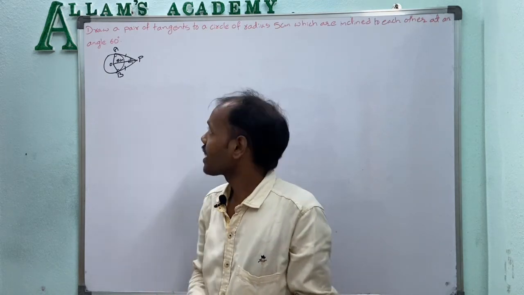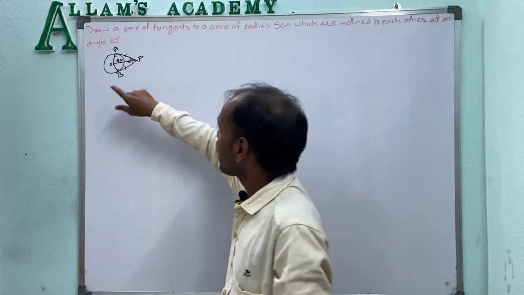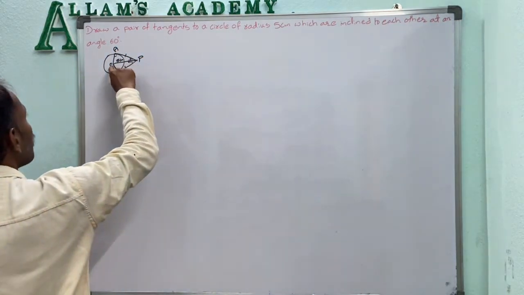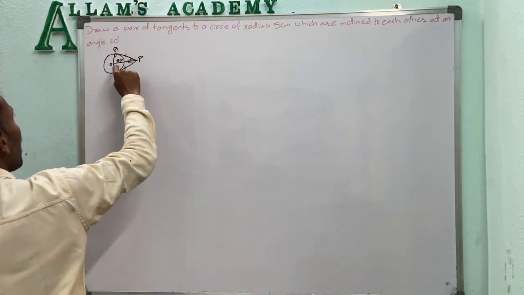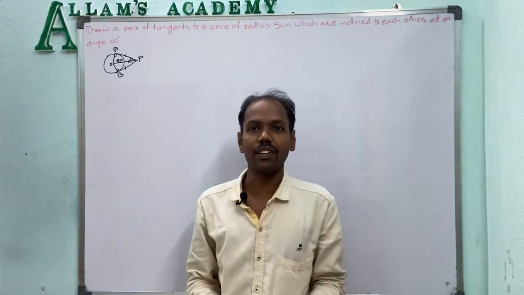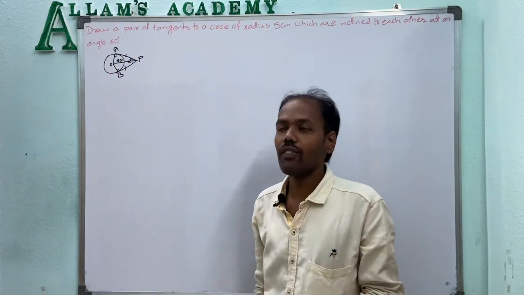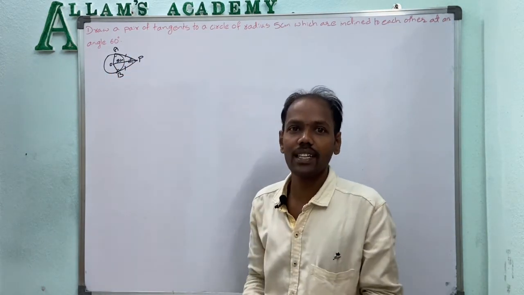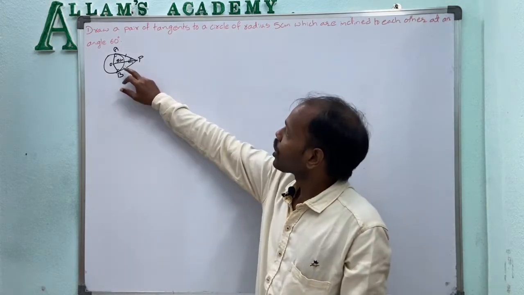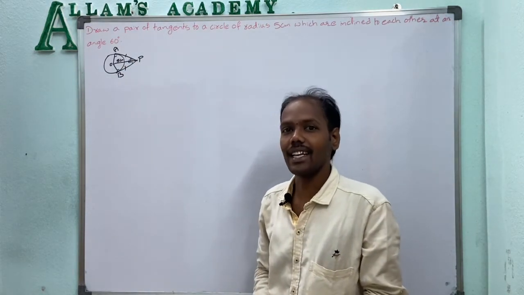We already know the tangent lengths PA and PB are equal, so OP is the angle bisector, which means angle OPA and angle OPB are each 30 degrees.